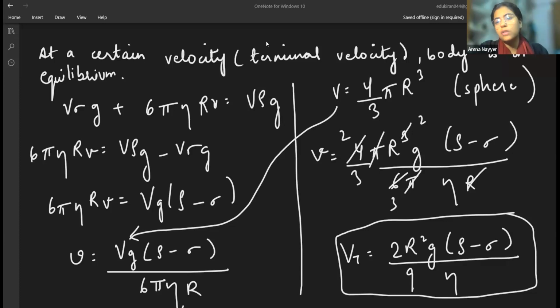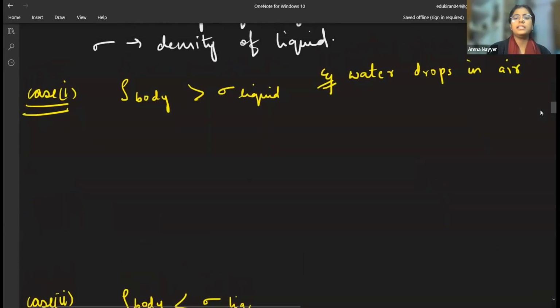Stokes law gave you the viscous force. So viscous force and buoyant force balance your weight. This is the concept which we have studied. Numericals are left. We'll see this.